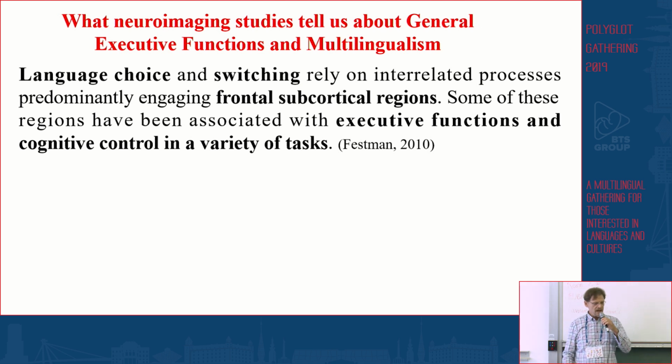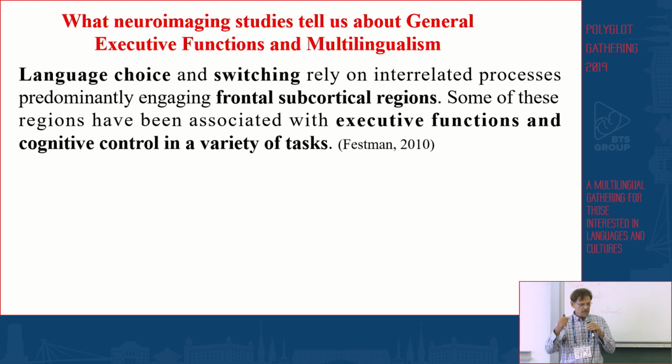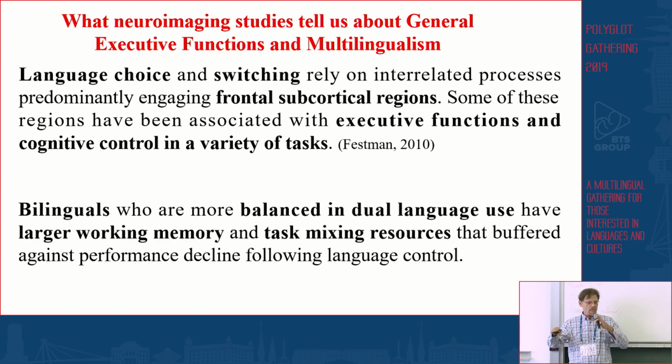Okay, so language choice and switching rely on interrelated processes, predominantly engaging frontal subcortical regions. Some regions have been associated with executive functions and cognitive control in a variety of tasks that have nothing to do with language. So bilinguals who are more balanced in dual language use have larger working memory and task mixing resources that buffer against performance decline following language control.